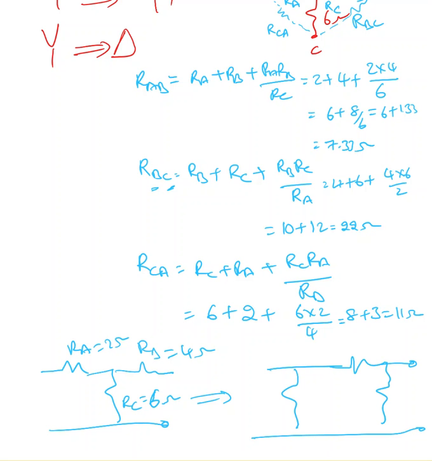Make sure that you put them in the same order. So this is RAB, this is RBC, this is RCA. I have RAB equal to 7.33 ohms, RBC equal to 22 ohms and RCA equal to 11 ohm.